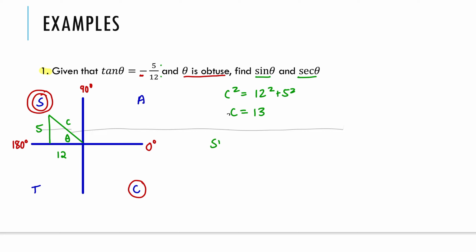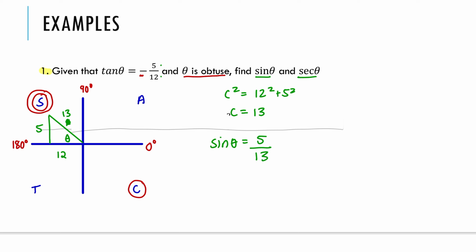So for sine theta, thankfully sine is positive in the second quadrant, so our answer is going to be positive. It's going to be opposite over hypotenuse, so it will be 5 over 13.